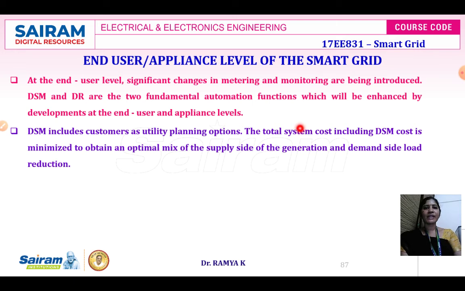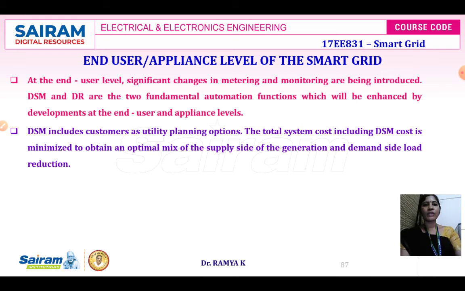Then we have demand side management, which includes the utility planning options. It means that the total system cost, including your demand side management cost, has to be minimized so as to have the optimal mix of supply side generation and demand side load. We have to analyze this demand side management using techniques like the daily load curve and mathematical programming method.